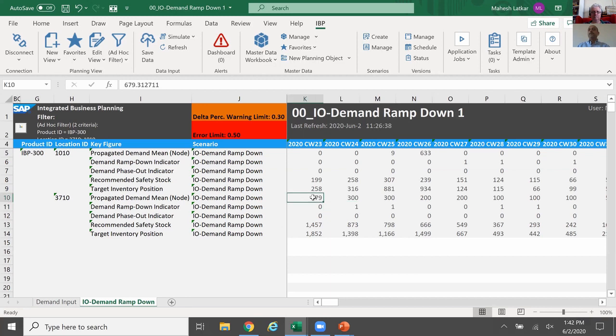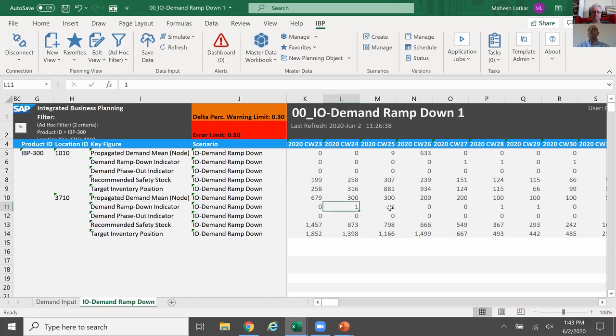If you look at this first bucket, I got 679 quantities demand, but in the next bucket, it has been reduced to 300. So here the system is suggesting that this could be your ramp down scenario. It indicates this with this key figure and this value.